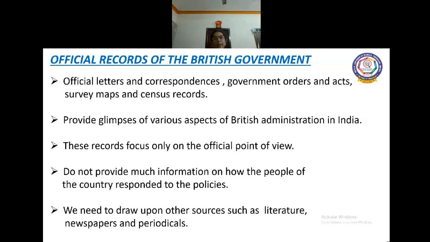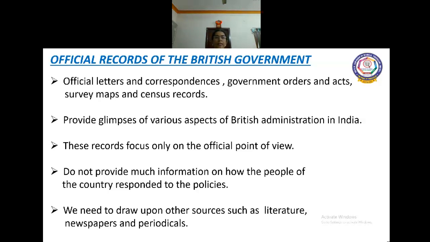And official records of the British government. Actually, every administrative decision was recorded and carefully preserved. Every executive, legislative, judicial body had record rooms in which even the smallest records were kept and well catalogued.